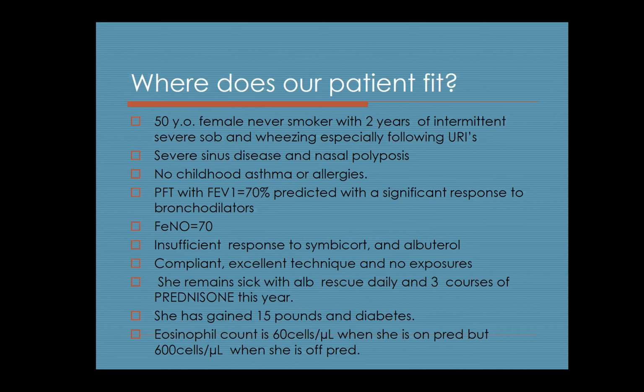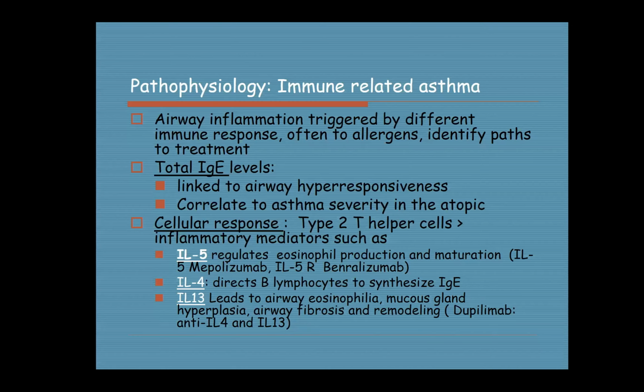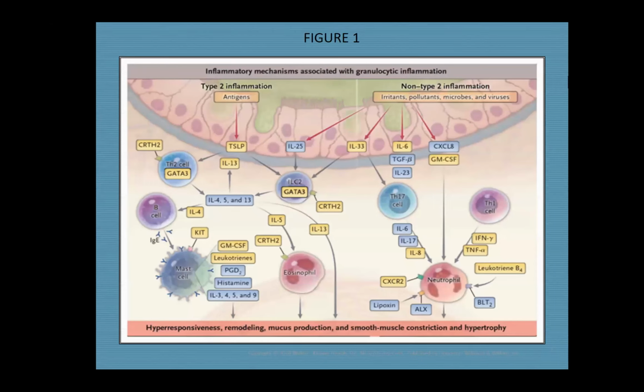But with 600, you're definitely going to be considering a biologic. This is repetitive here. So here's your IL-5, 4, and 13. The IL-4 and 13 is involved with both the B cell and the IgE and the eosinophil, and the IL-5 is directly responsible with the eosinophil.